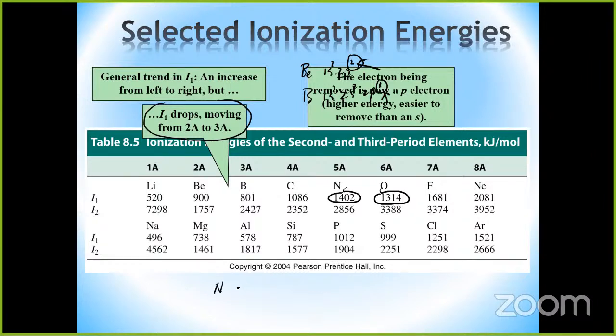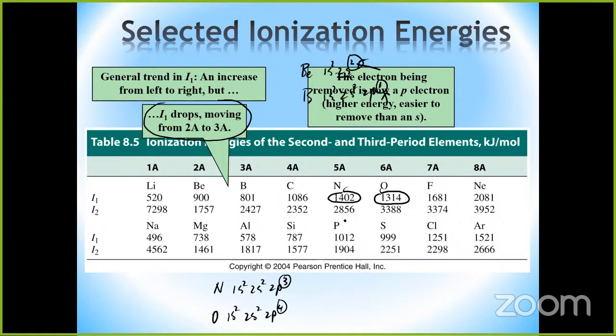In the case of nitrogen, the electron configuration is 1s2, 2s2, 2p3, right? In the case of oxygen, it's 1s2, 2s2, 2p4. Okay, so obviously there's a difference between the electron configuration, especially with respect to the 2p sublevel.